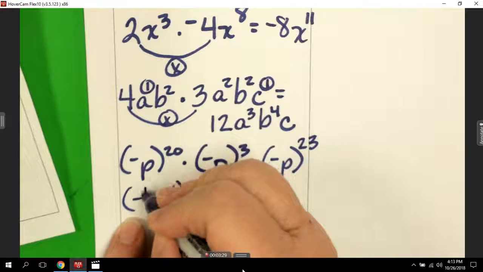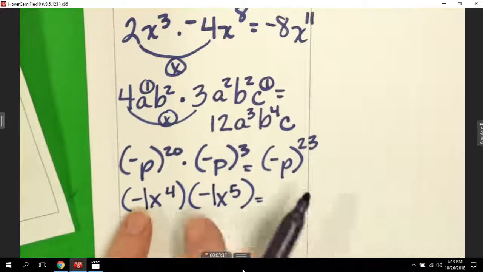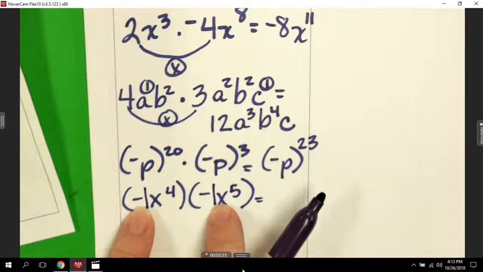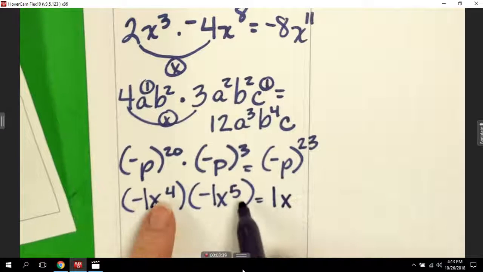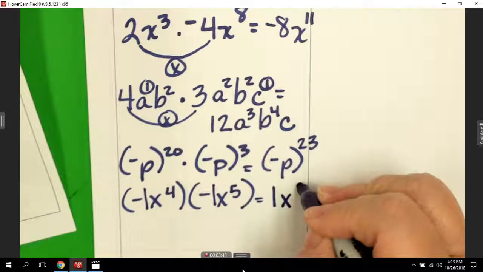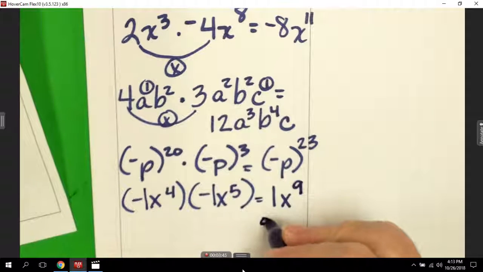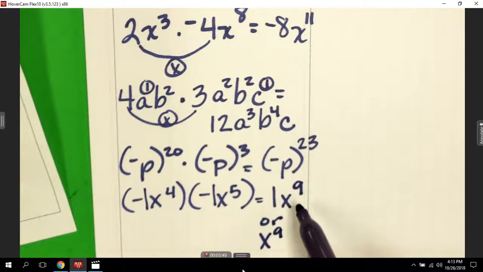So remember, the coefficient is negative 1 here and negative 1 here. Negative 1 times negative 1 is positive 1. X, and add your exponents, and we've got x to the 9th power. The answer can be written as 1x to the 9th, but you'll see it mostly written as x to the 9th power.